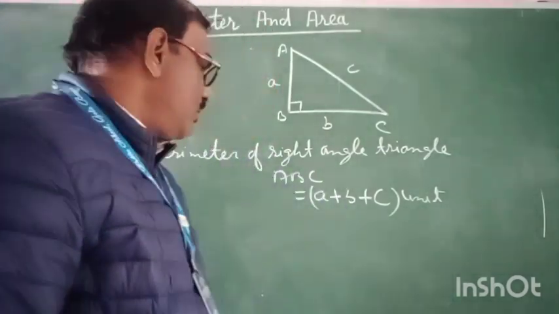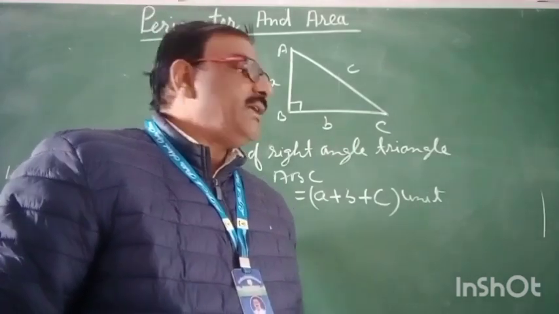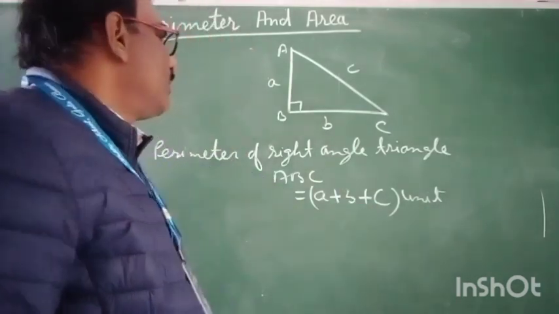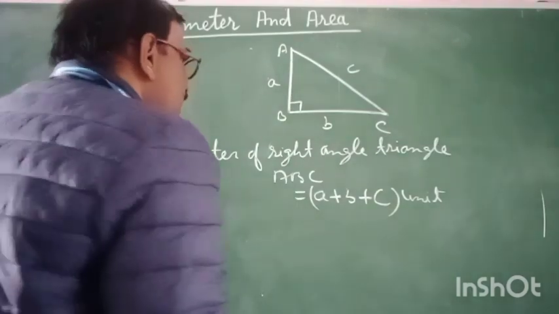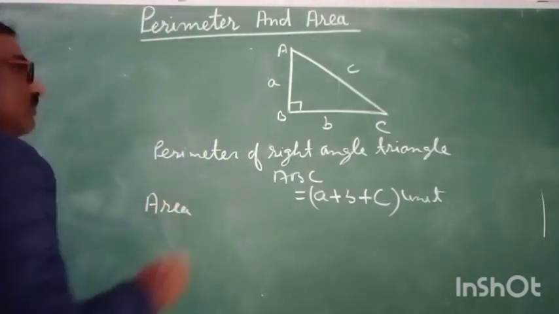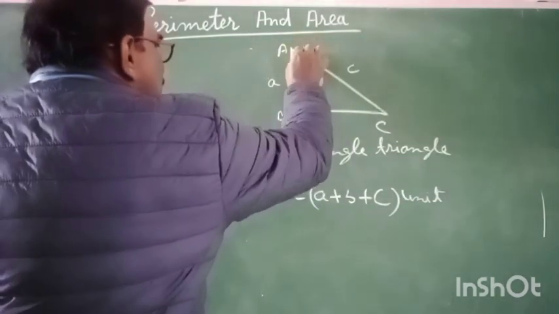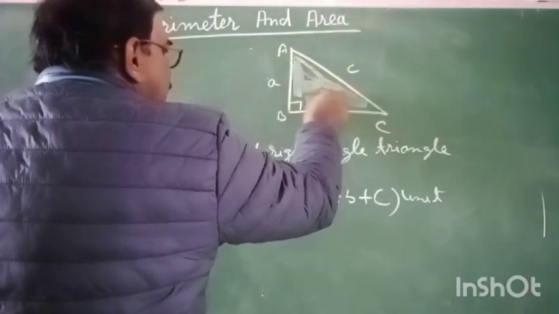Now, if you want to find out the area of right angle triangle ABC, this is the area occupied by this right angle triangle.